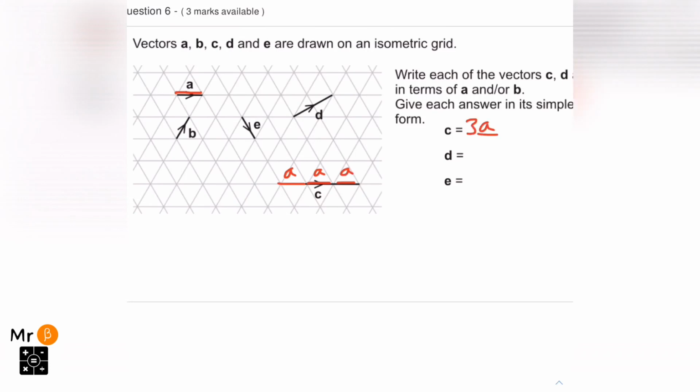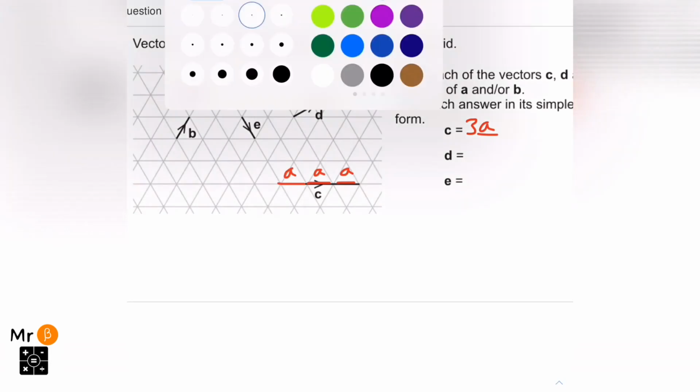So therefore our vector is just 3A. The reason I've underlined that vector is because I cannot write in bold. So if I underline it, that shows the examiner or yourself that that's meant to be a vector. So that's C.